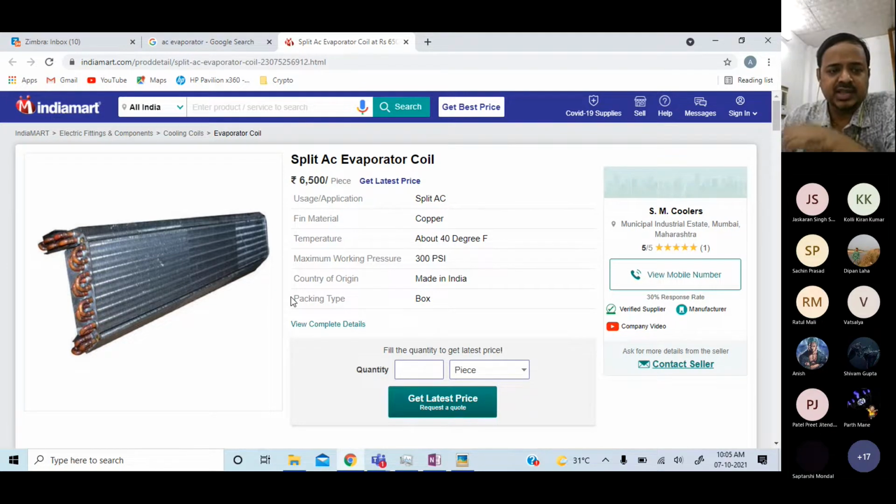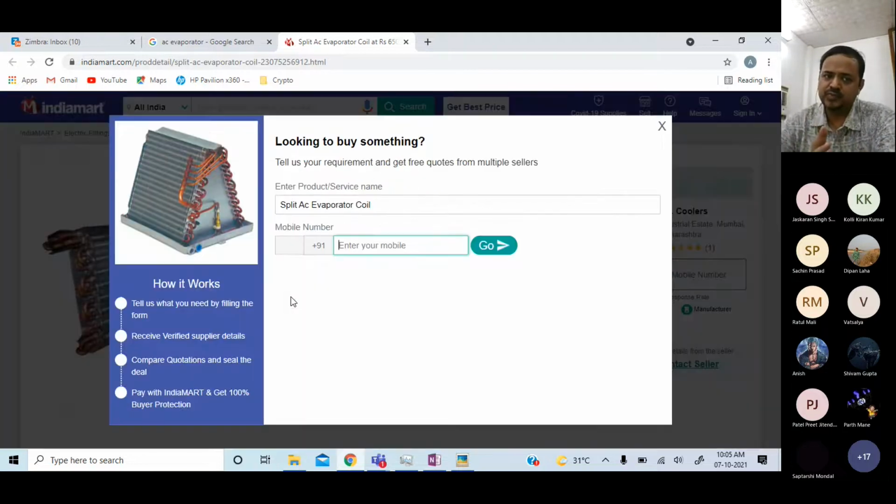Now, why does this happen? Because these copper tubes have the refrigerant inside at very low temperatures. If you touch it, you will be able to feel it. It's almost at freezing temperatures, like 4 degrees, 5 degrees, or even less.